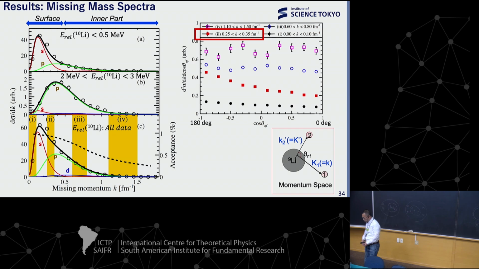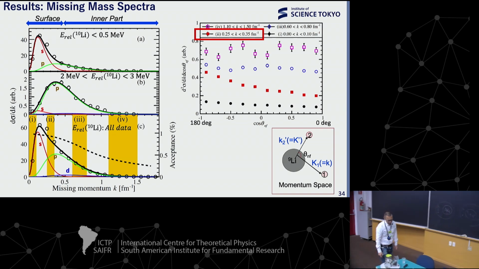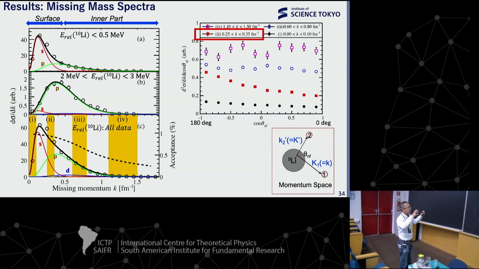Dalitz plot? Yes, but the Dalitz plot is for a three-body state which decays. This is not a Dalitz plot. We cannot make a Dalitz plot in this case because we don't have such a defined excited resonance state.